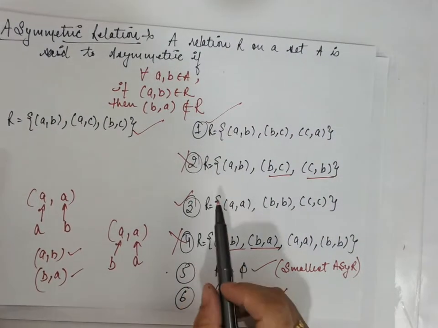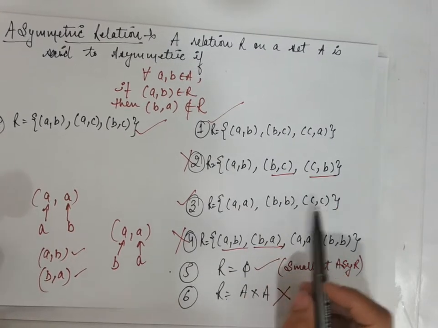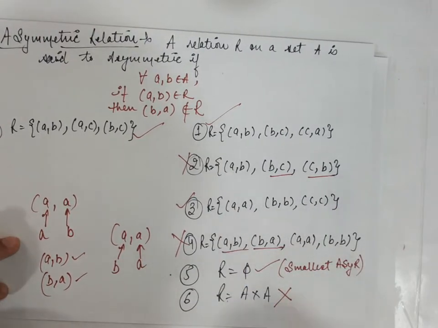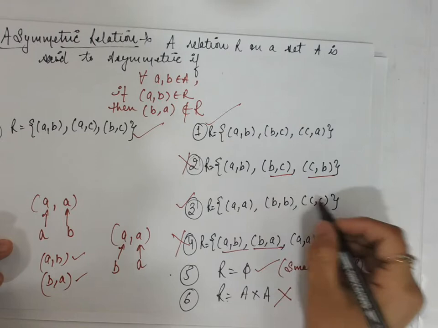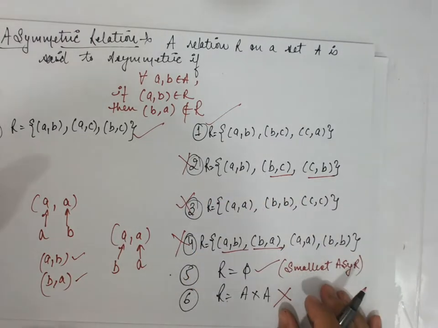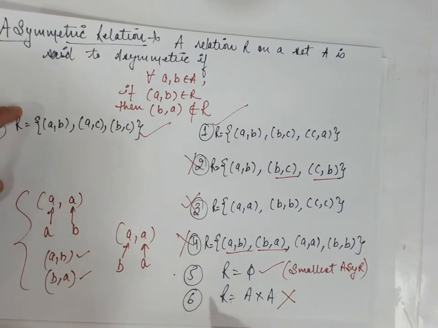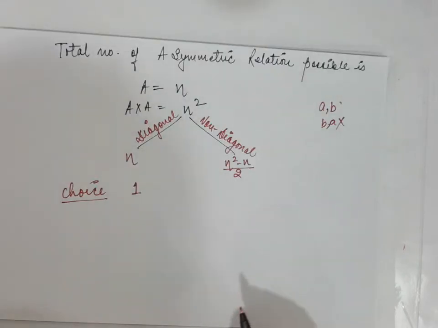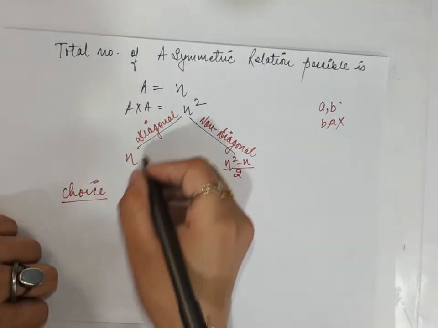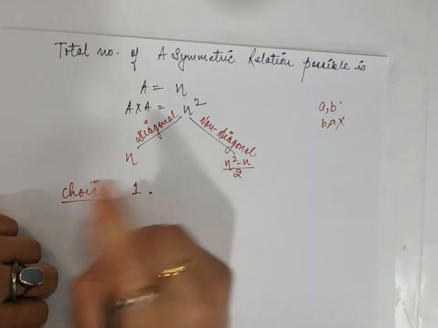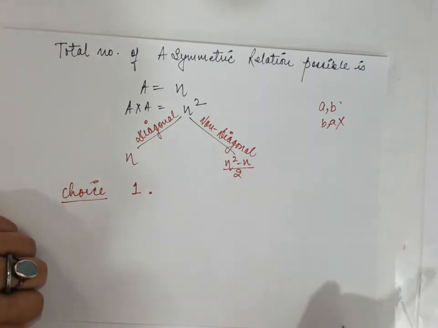As we have seen in the example, AA, BB, CC is present, that is diagonal pairs are present, and therefore this relation is not an asymmetric relation. I have taken the example for you. Therefore, the diagonal parts have only one choice. They do not appear in a given relation.